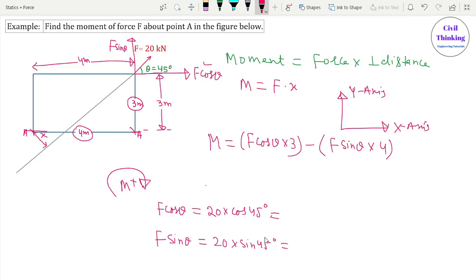Now let me use a calculator to find the value of these two. F cos theta is 10 root 2, and F sin theta is 10 root 2. Now the value of both F cos theta and F sin theta is 10 root 2.